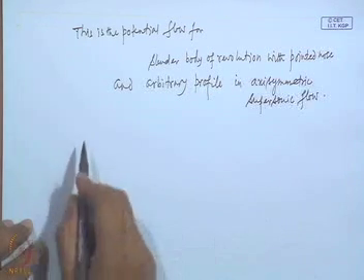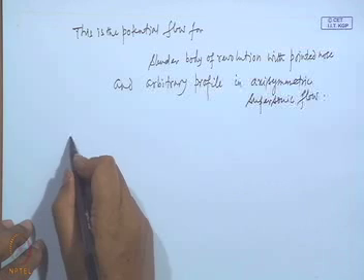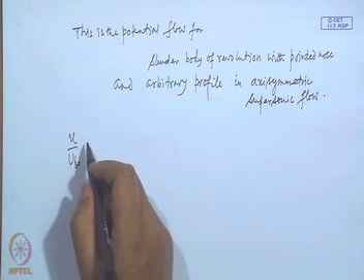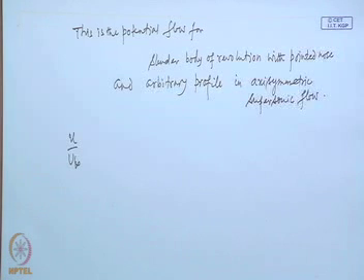Now, the velocity components can be evaluated, that is u by u infinity, by differentiating that expression for phi with x.